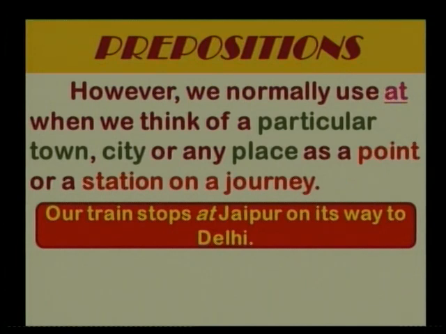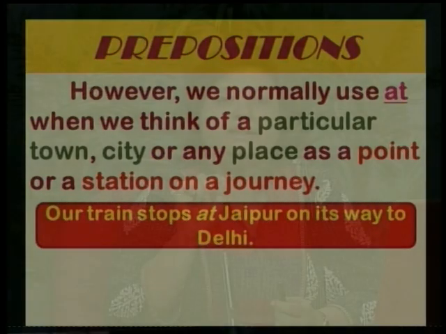On whichever line you draw, one of the points on that line will be the city of Jaipur. So when we are talking about the city of Jaipur as a city which comes on the way between our journey from one place to another, we always use the preposition at.